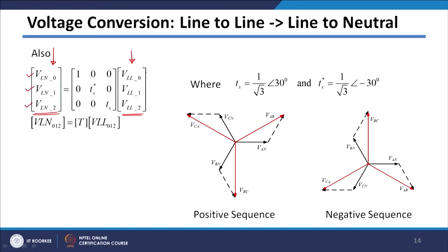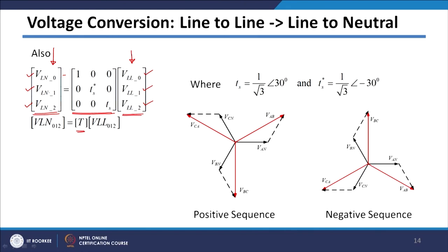Similarly, this is line to line zero sequence voltage, line to line positive sequence, and line to line negative sequence. These are related by this transformation matrix, which I am calling T. If you see these entries here, the zero sequence components in line to neutral as well as line to line are the same.